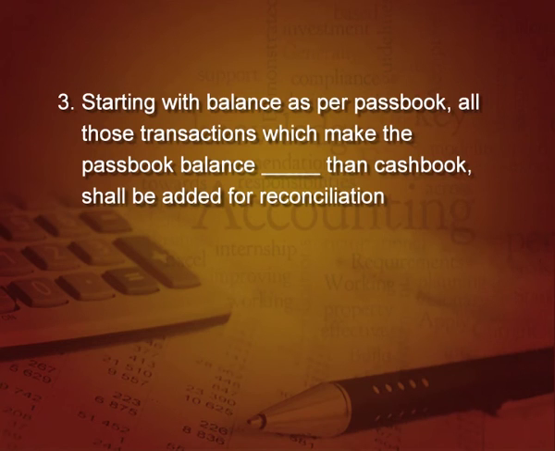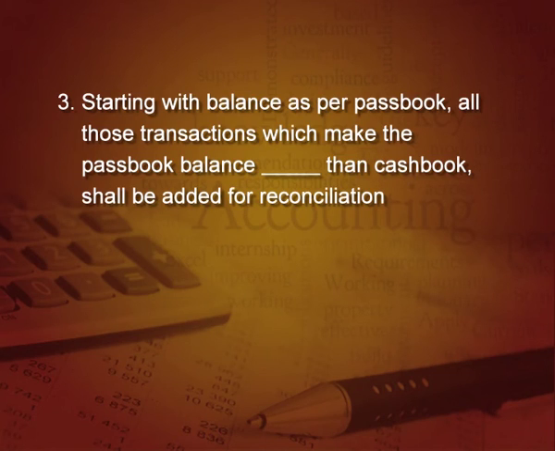Next one, starting with the balance as per passbook, all those transactions which make the passbook balance dash than the cash book will be added for reconciliation. Now, we add those things which make it lower. So, the answer is passbook balance is lower than the cash book, only then it will be added in the passbook.